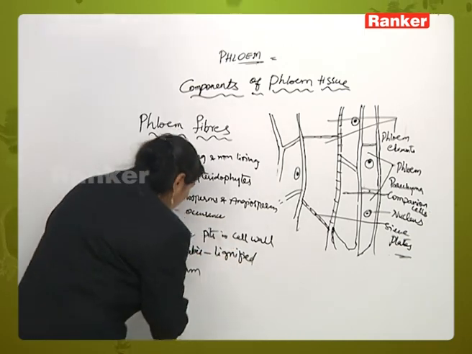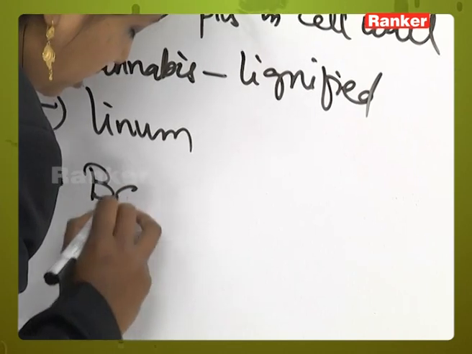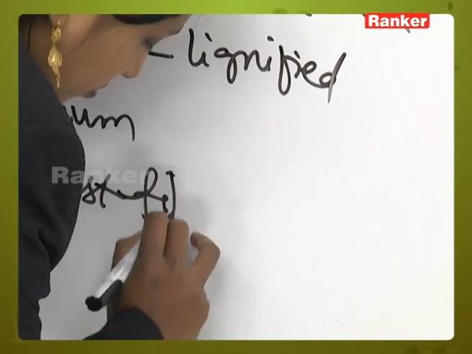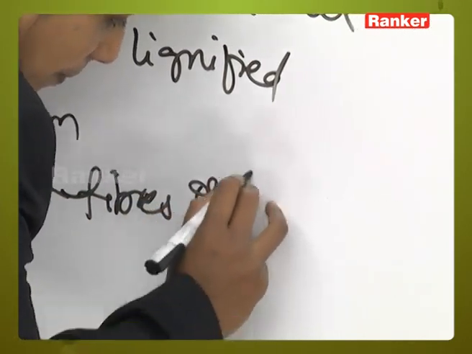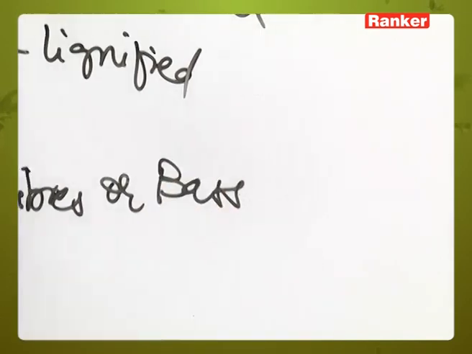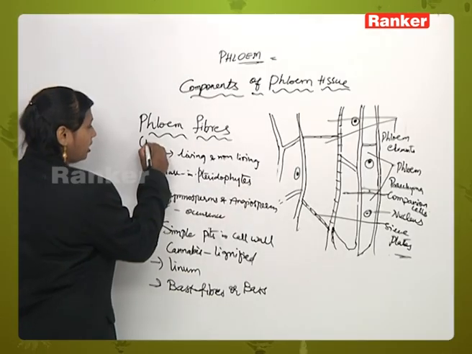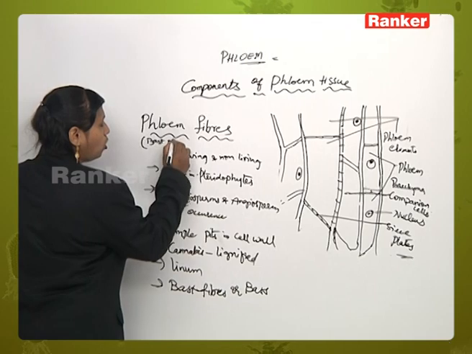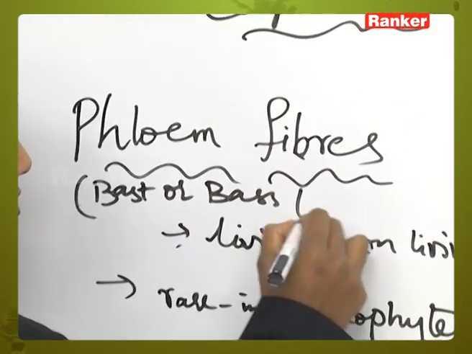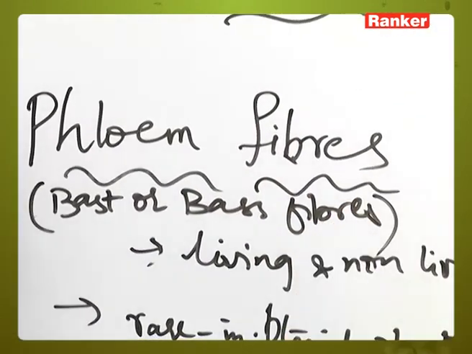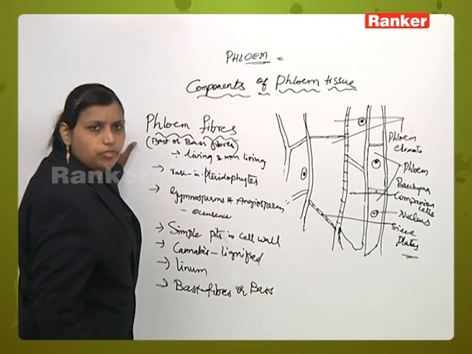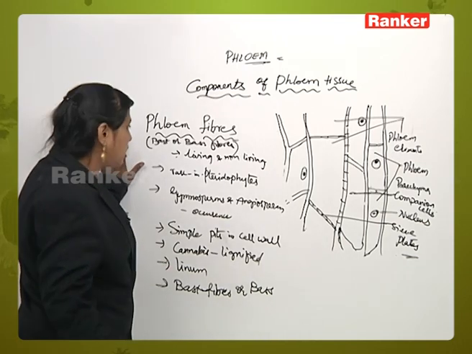Now, these fibers are exclusively called bast fibers, because 30% of whatever fibers are produced are commercially important.